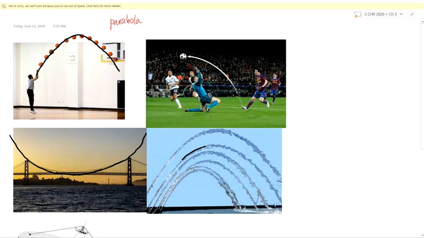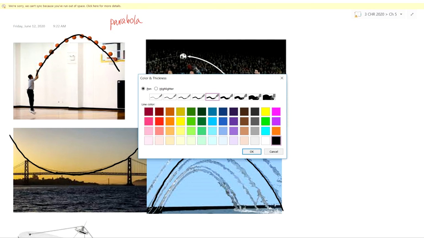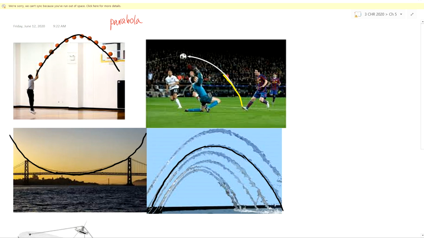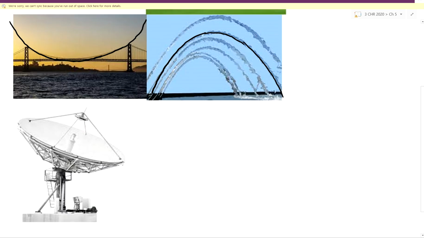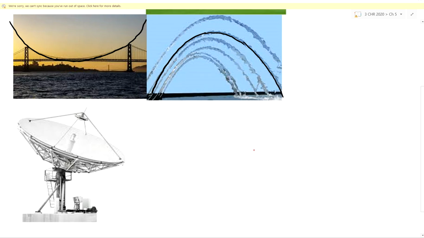Now in any of these fountains, you can choose any one of them. In the case of the soccer, it's going to follow this path. And finally, for the satellite dish, it's got a parabola over here.